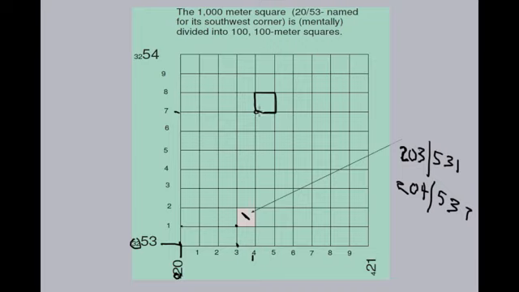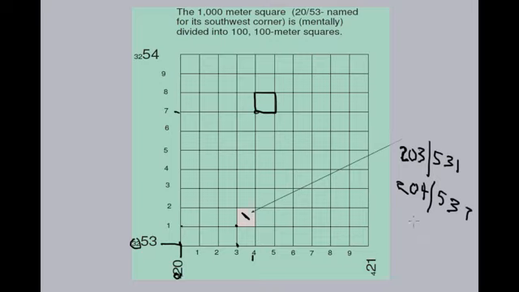If you want even more accuracy, you can follow this on out and zero in on, let's say, this 204,537 square, and you can break it into 10 square meters, and instead of having a 6-digit coordinate, you would have an 8-digit coordinate, and that would put you in a 10-meter square.